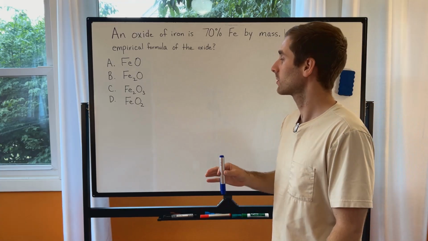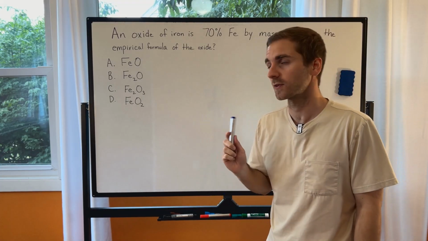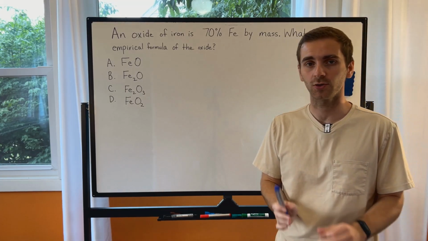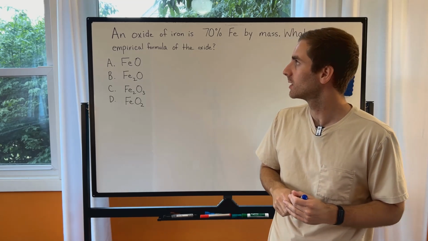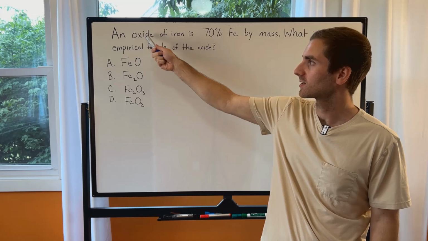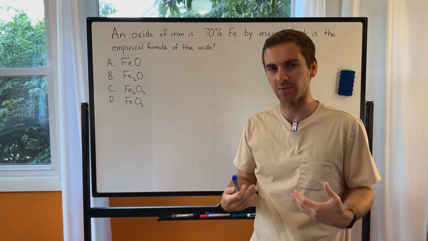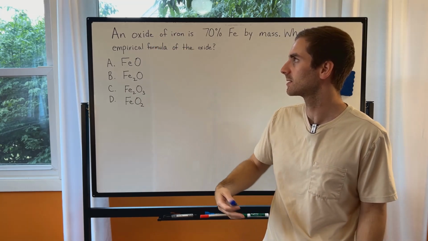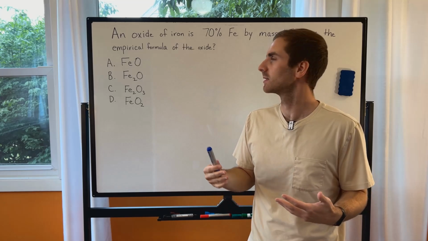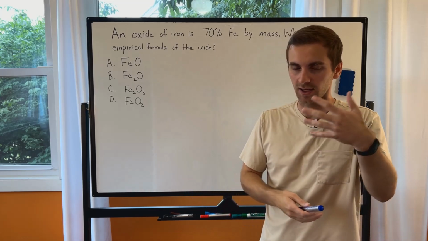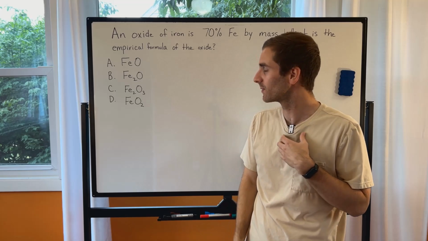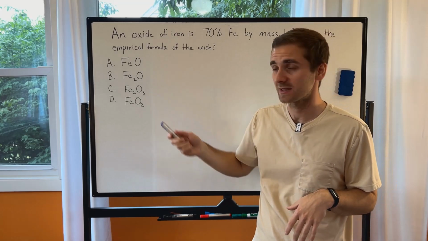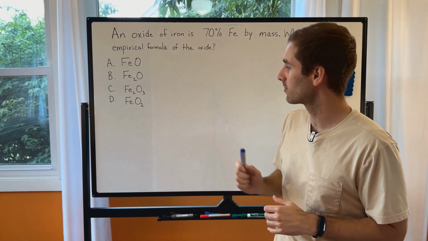Okay, so to find the empirical formula, we first have to determine the grams of all the elements in the compound. So we have an oxide of iron, which basically means it's some sort of iron oxide. It contains iron and oxygen, which we can see from the option choices as well, the only two elements in this compound.